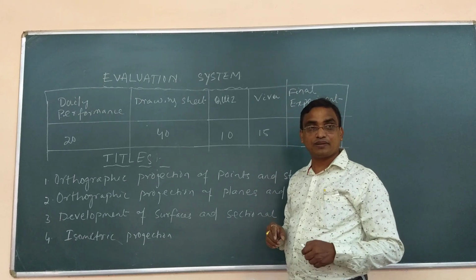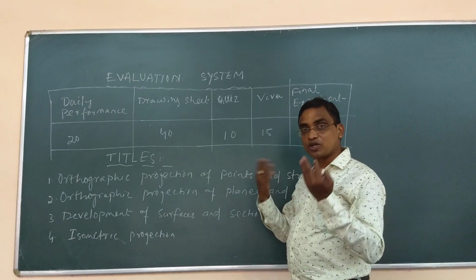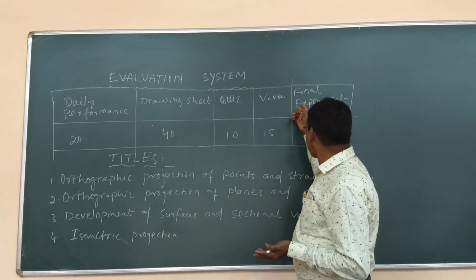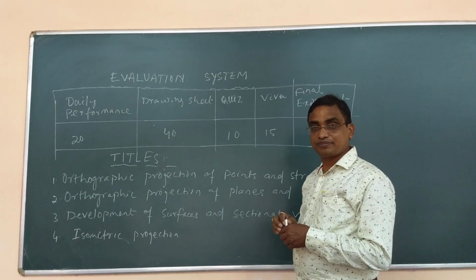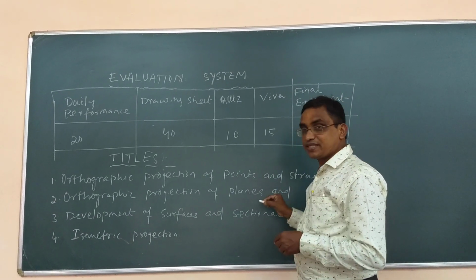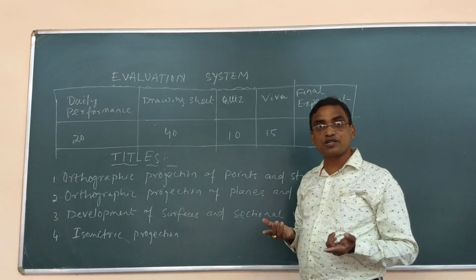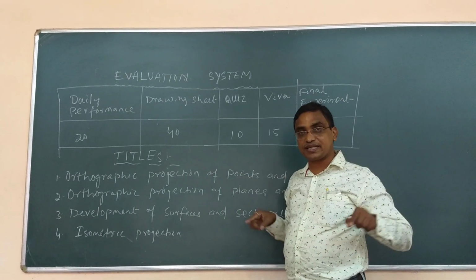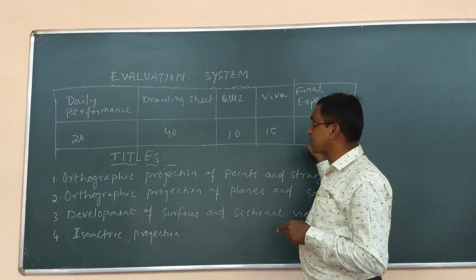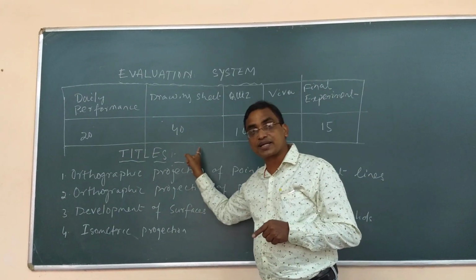Viva is 15 marks, a face-to-face discussion virtually. And the final experiment is 15 marks. We will give you one question, you have to solve it and draw it in your drawing sheet. For that you will get 15 marks. So the total is 100 marks.